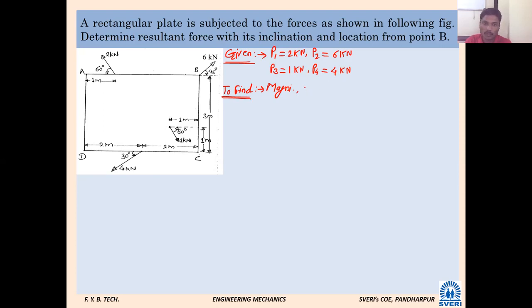We want to find the magnitude, we want to find the direction, and we want to find the position of the resultant with respect to point B. Just the resultant: try to find the resultant within 1 minute.